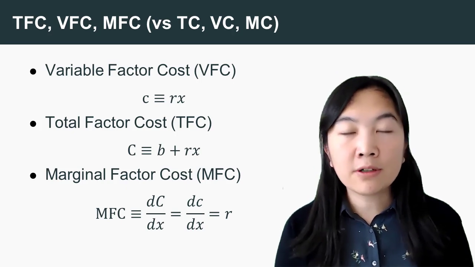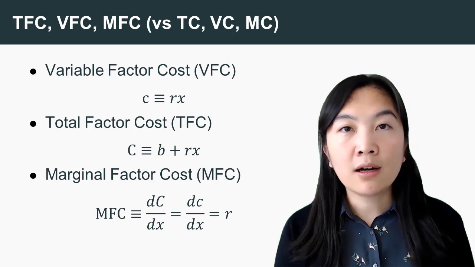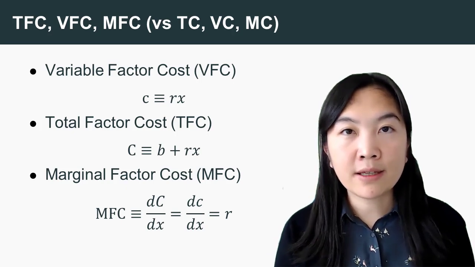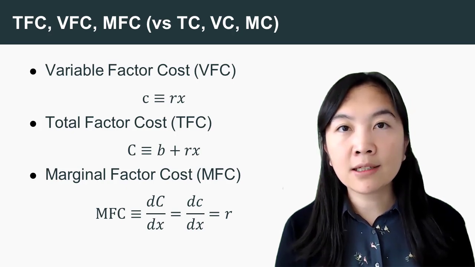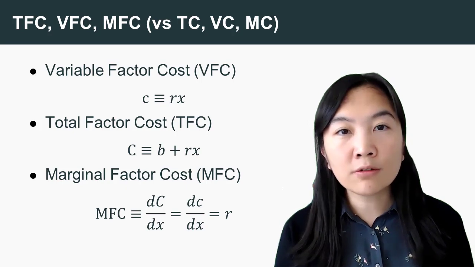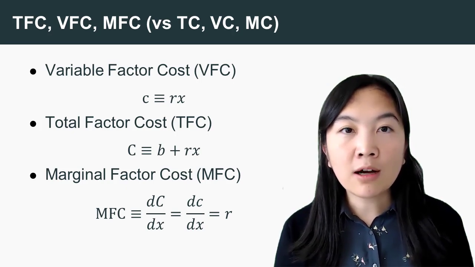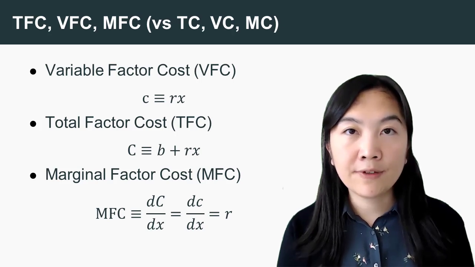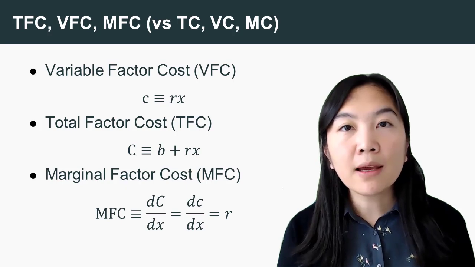The variable factor cost, which is VFC here, we defined as the input price, R, times X, which is the quantity of input used. And the total factor cost is just the variable cost plus the fixed cost. So B here represents the fixed cost.